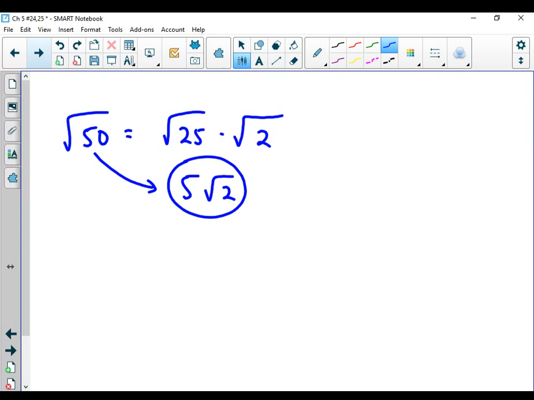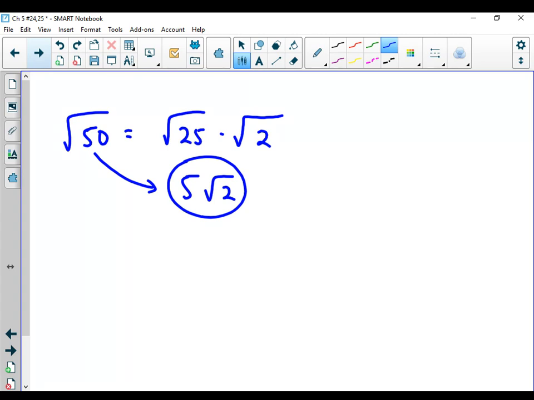So all I'm really doing is taking 75 and dividing by my biggest perfect square. Okay, then what do you do with the square root?